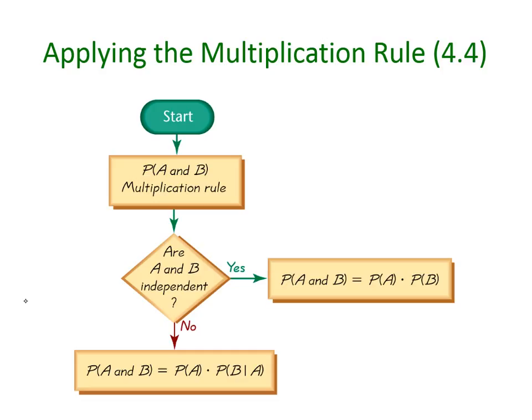All right, applying the multiplication rule: if we want to find that 2 things are happening, as soon as you see the word "and," it should trigger in your head that we're multiplying these probabilities together. "Or" means you're adding; it's one or the other happening in one event. "And" tells me I want both of them to happen, and that's multiplying.